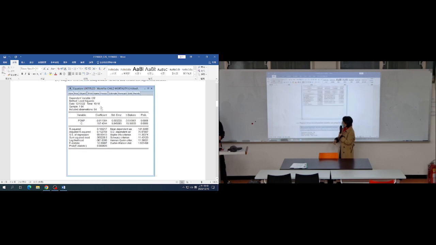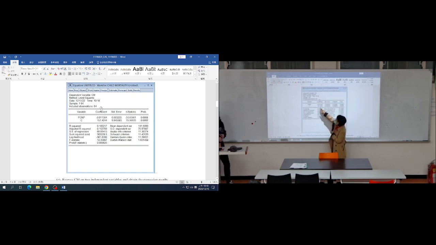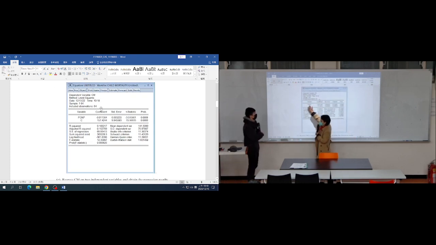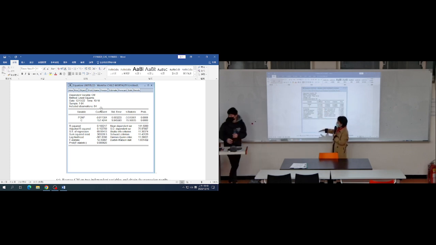This is just using one variable, so we have to show the difference in this coefficient. Since this is your estimated model, the coefficient from this model is just negative 0.011 something. But the correct one, let's go to the correct one.